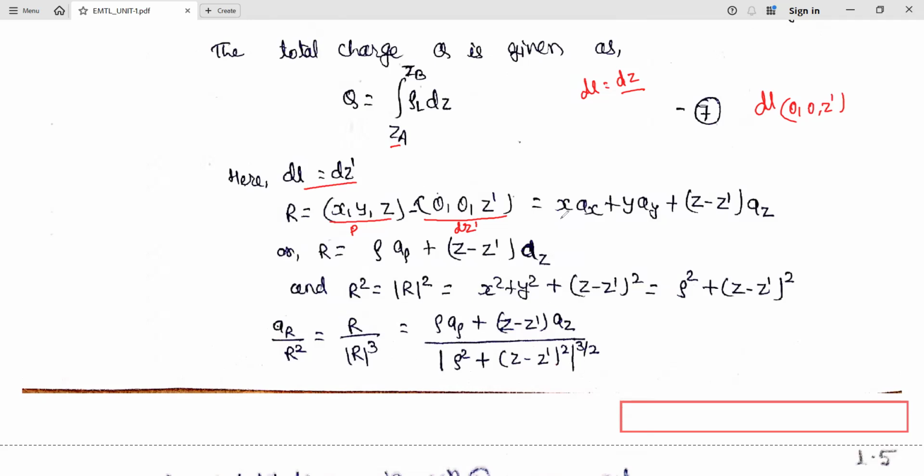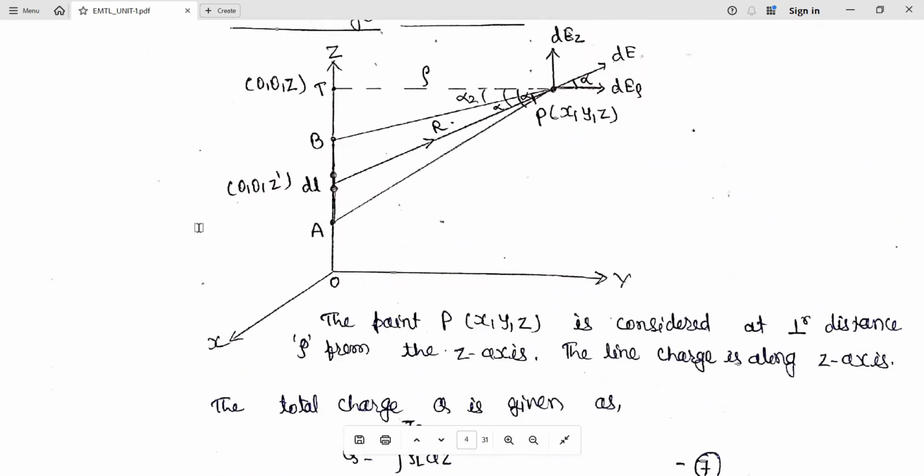So that's why we have X AX plus Y AY plus Z minus Z dash AZ. And if you try to project that rho, it is going to become X AX plus Y AY. So let us see how we are getting the rho.